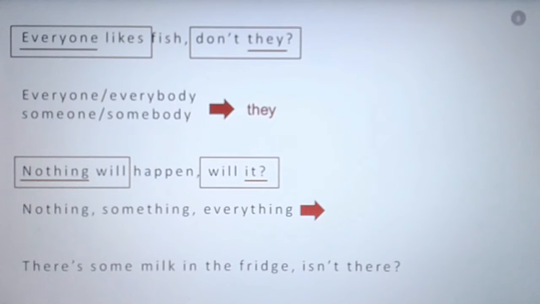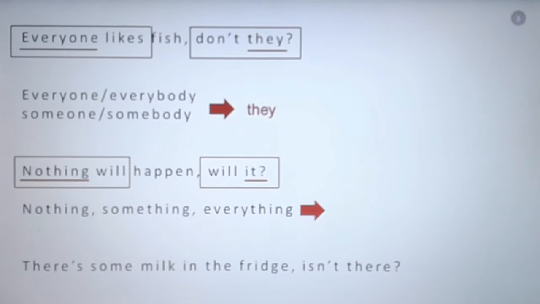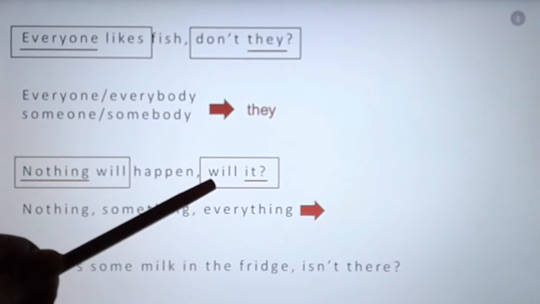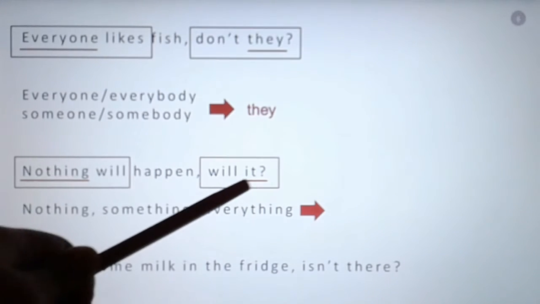Can you guess why? Because even though this sentence is in form of positive, the meaning is negative. Nothing will. The meaning is negative. So we need to use positive question tag. It still uses will it.